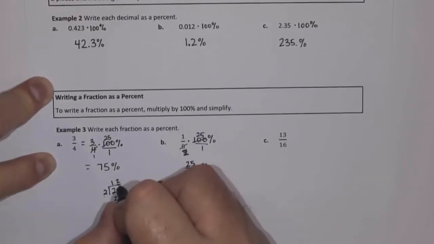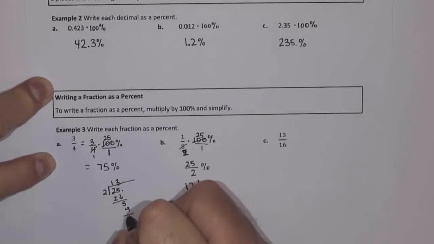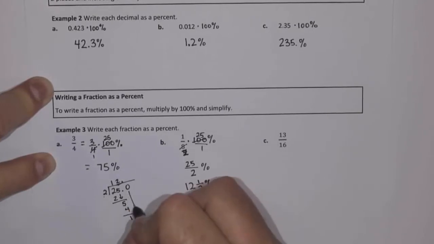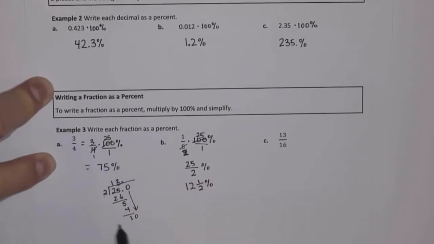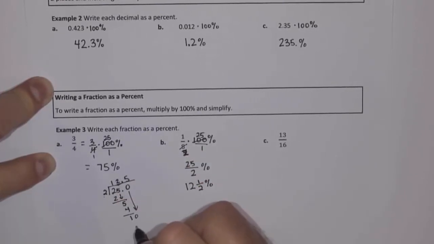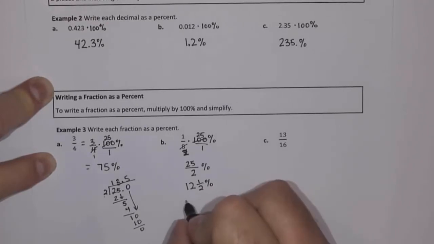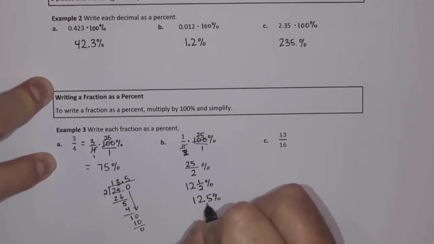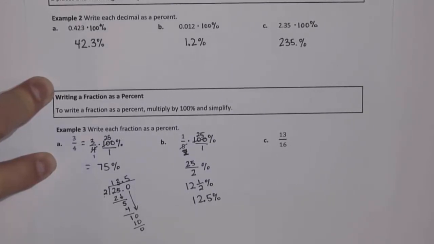Or if we want, remember when we divide, we can put in a decimal point and drop in a 0 behind it. And so then I could drop down that 0. 2 divides into 10 5 times. 2 times 5 is 10, and that gives me a remainder of 0. So this would be the same as 12.5%, which should make sense because 1/2 is the same as 0.5.